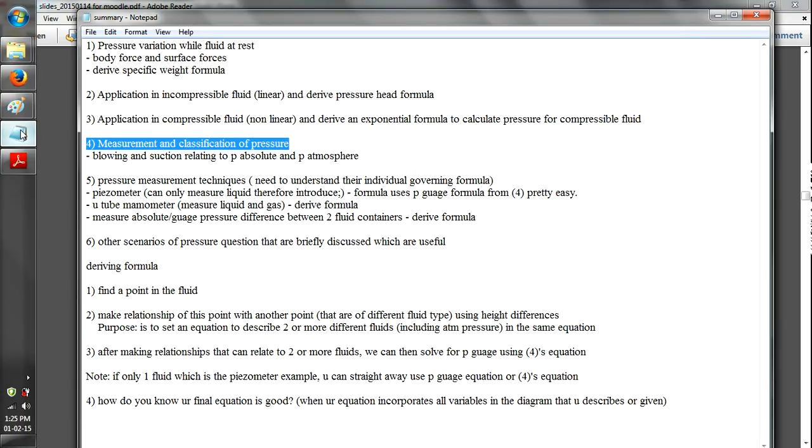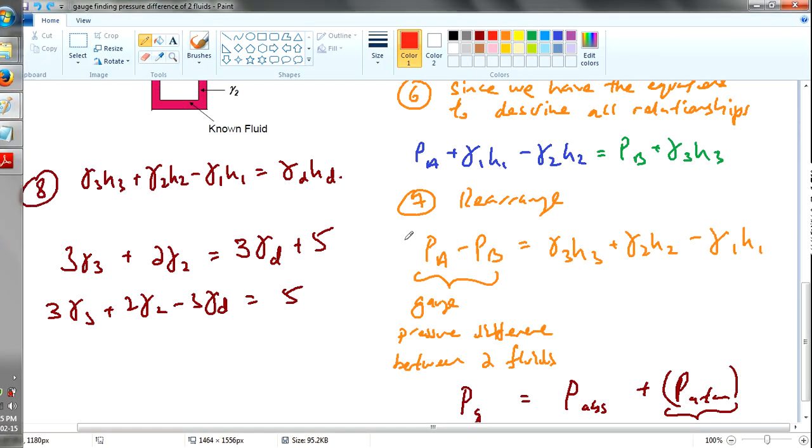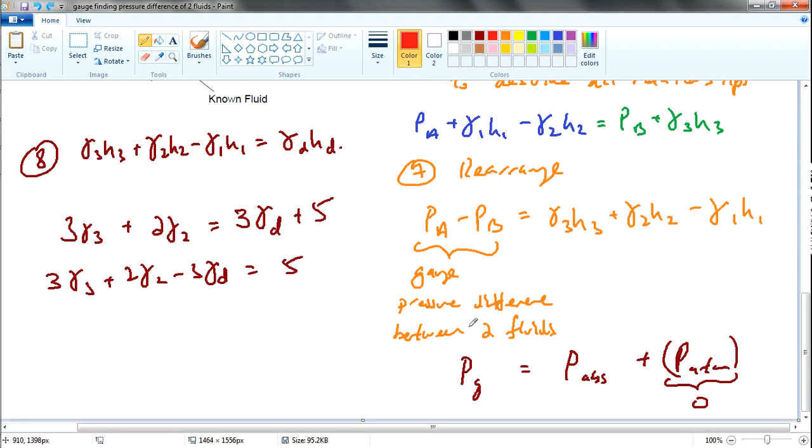Therefore the equation is somewhat like this. This PA minus PB is actually the gauge pressure, while this whole thing is P absolute, while P atmospheric is 0. So therefore the P gauge is equal to P absolute.